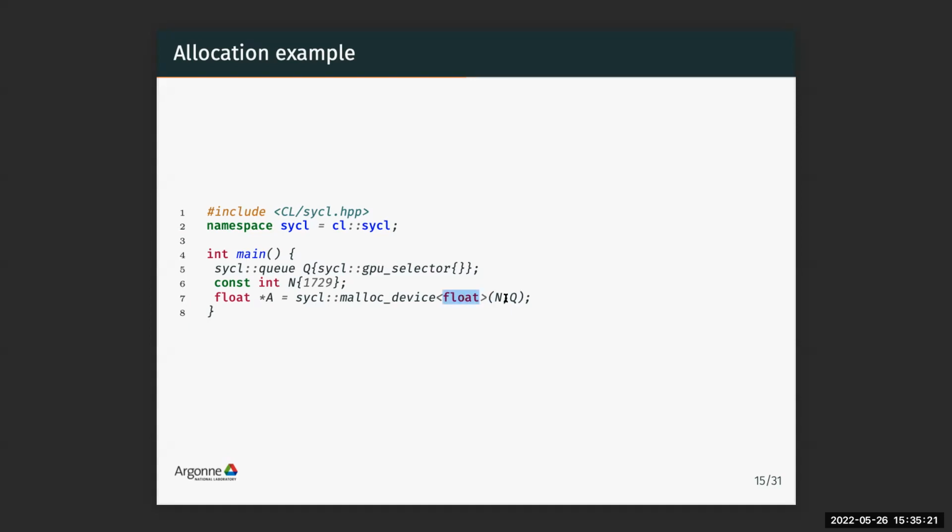Because I say the type, I can just put n, and I don't need to put sizeof float. So it's regular C++ templating, a little more convenient compared to C. And I get a float pointer here. I can put auto because it will return a float pointer.